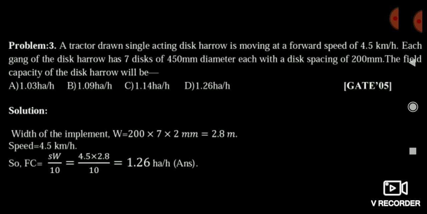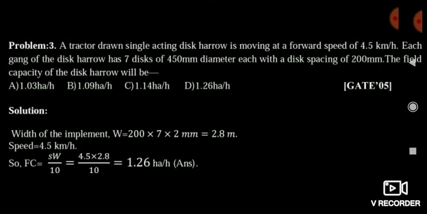Friends, I have told you about the disc harrow. Single acting disc harrow is in V shape, means two gangs are present on the single acting disc harrow. So it is given that 7 discs are on each gang with a spacing of 200 mm, means on one gang we have 7 discs present, and the spacing between successive discs is 200 mm.